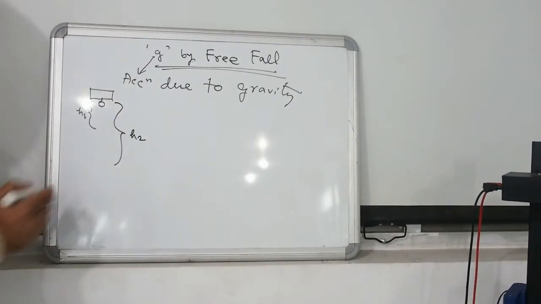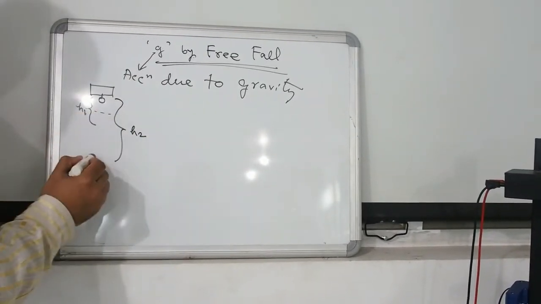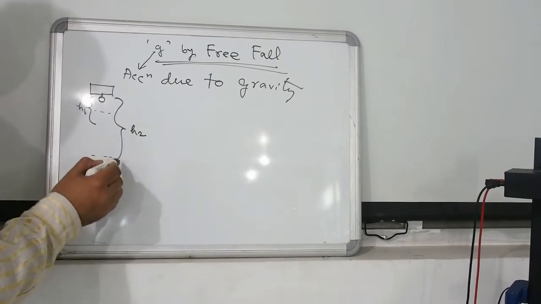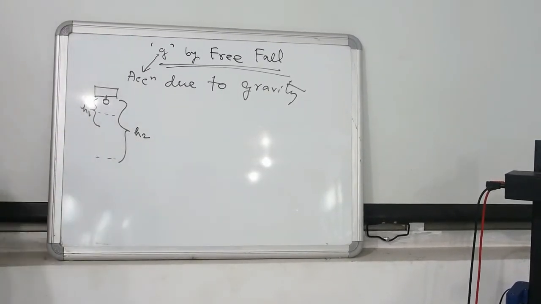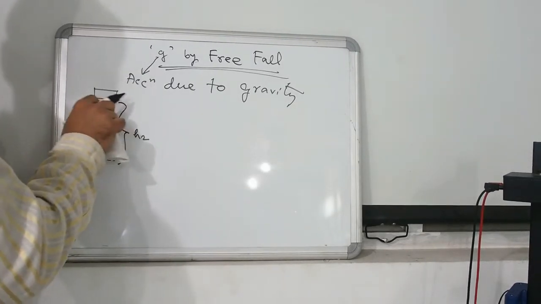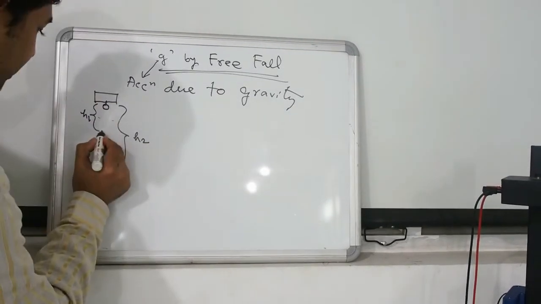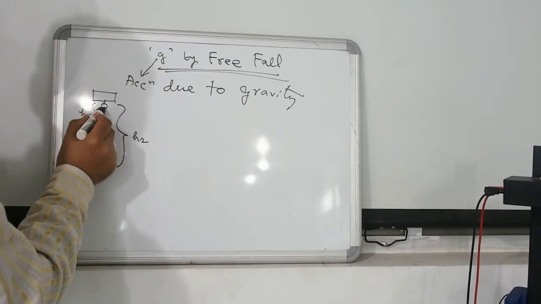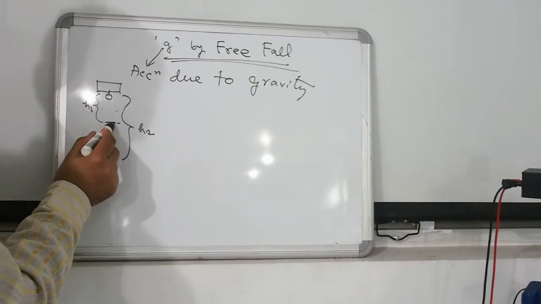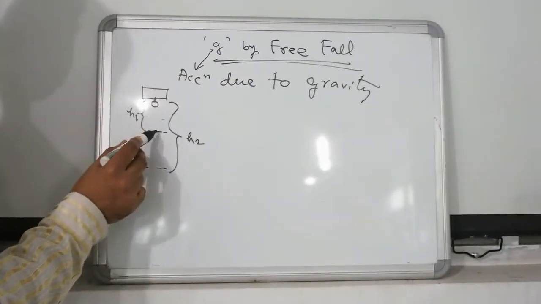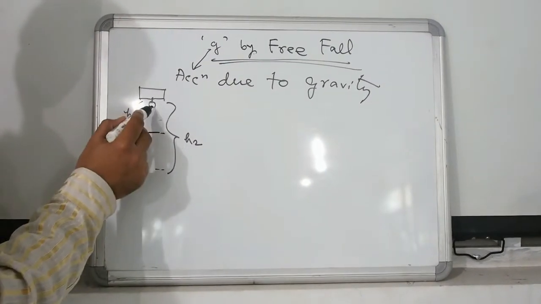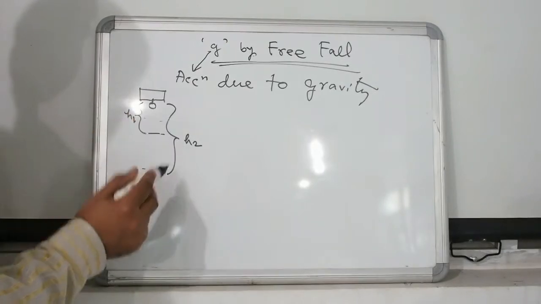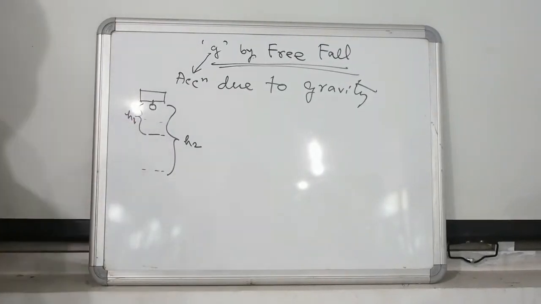There will be two photogates, one at h1 and one at h2. h1 is the distance from the point of suspension of the ball to the first photogate position, and h2 is the distance from the point of suspension of the ball to the second photogate.